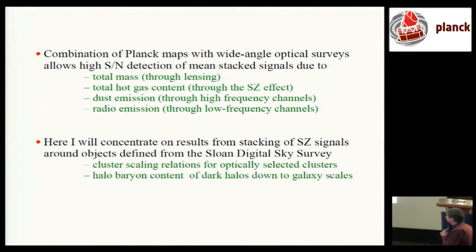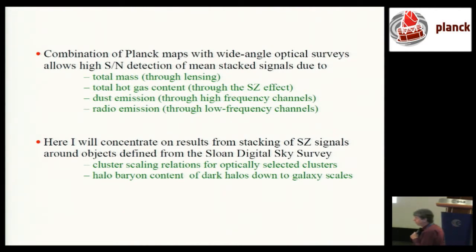We saw some examples of this in Karim's talk, Karim Benabed, earlier in the conference, where he showed results from cross-correlating the Planck map with samples of quasars, galaxy clusters, and galaxies, finding cross-correlation signals with amplitudes up to 20 sigma.